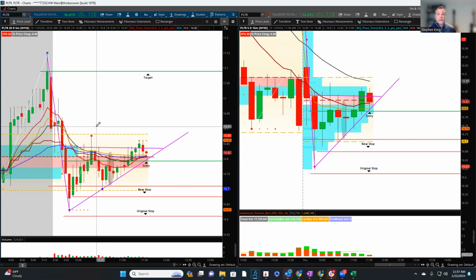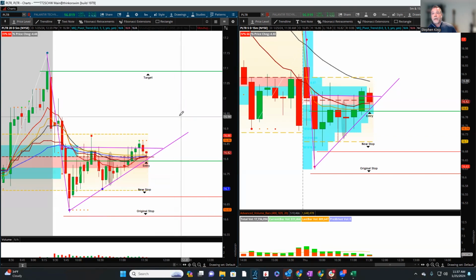But I do ultimately want to get my stop to break even as quickly as I can, without the risk of getting taken out of the trade. I don't want to be too aggressive with moving my stop. Now, what's interesting about what has happened here is we got the close above this level. So per my if-then statement, if we get a close above that level, then I can move my stop. I've done that.